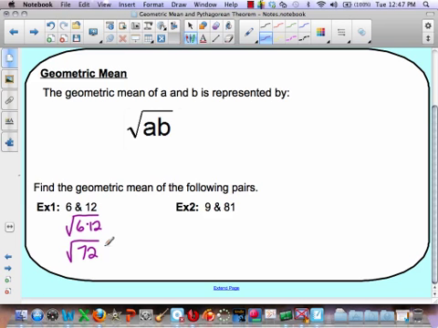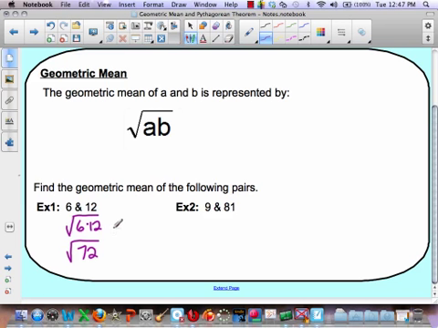Is there a perfect square that divides evenly into 72? I can think of at least a couple. 9 and 8. Okay.